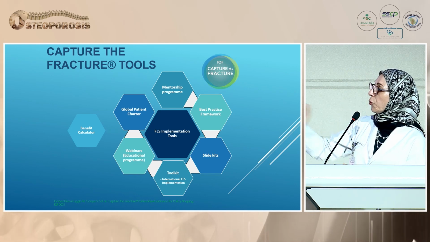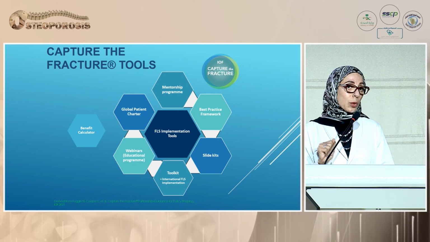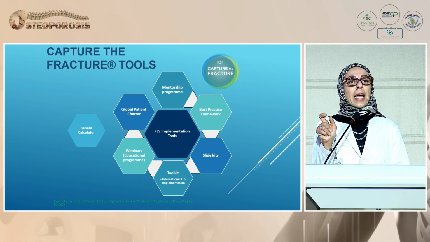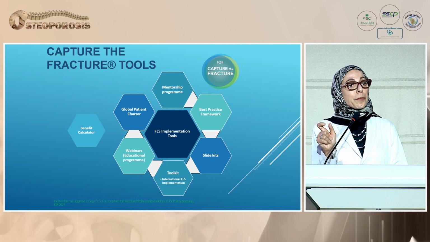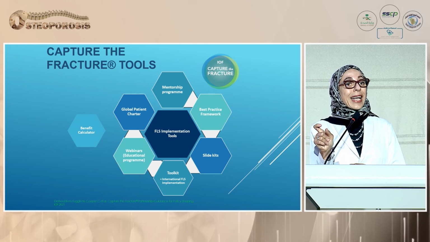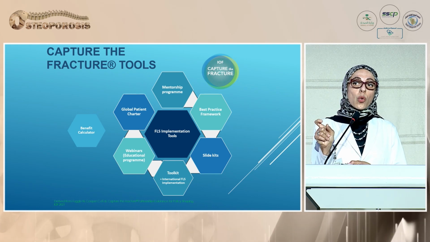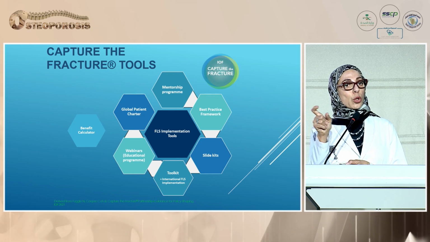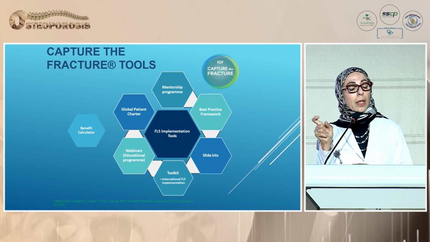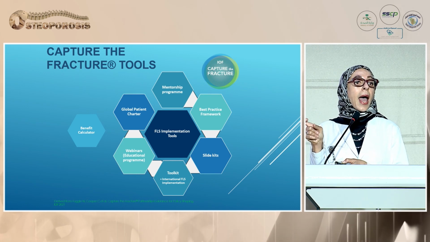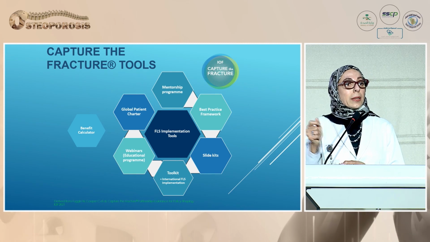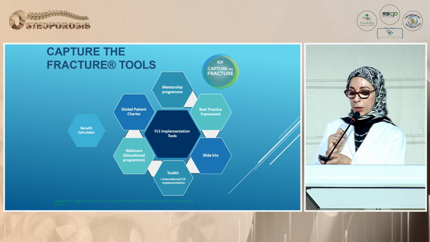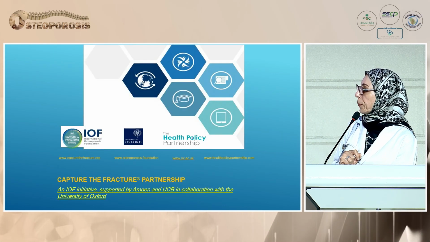They also have something interesting called the benefit calculator, which we still don't have, based on the specifics of every country. They calculate the cost of the disease, the cost of the complications, and the cost of implementing the FLS. And they showed it to be very cost-effective for many countries. We hope that we'll have that very soon.